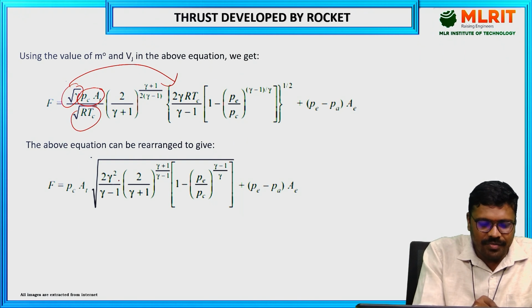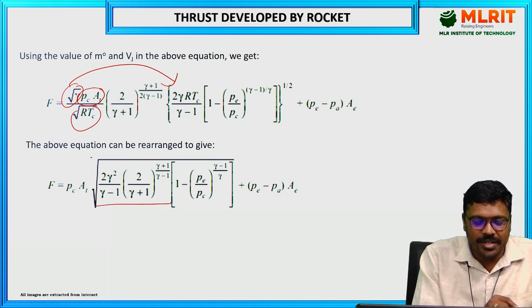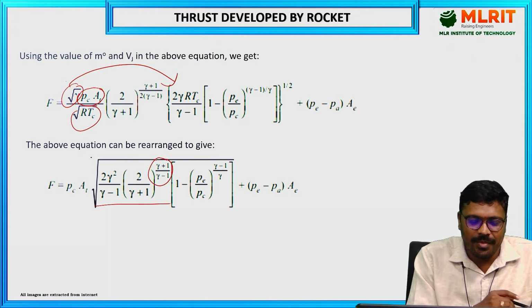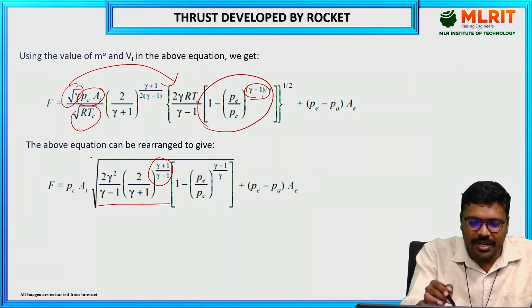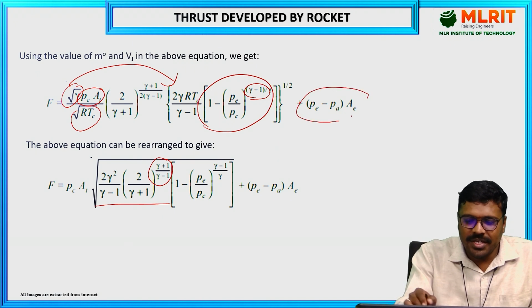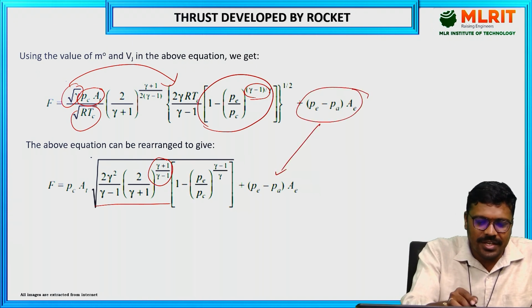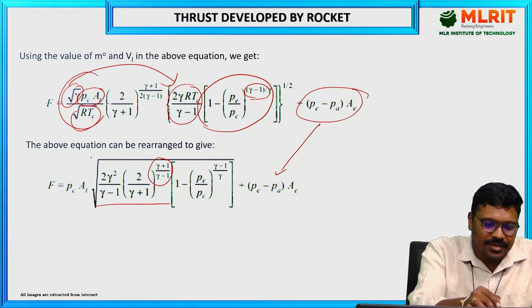Then it will become PcAt under root 2 gamma square by gamma minus 1 into 2 by gamma plus 1 whole to the power of gamma plus 1 by gamma minus 1. And this term will be the same, 1 minus Pe by Pc whole to the power of gamma minus 1 by gamma, and this term also as it is. The only thing that changes is this term.